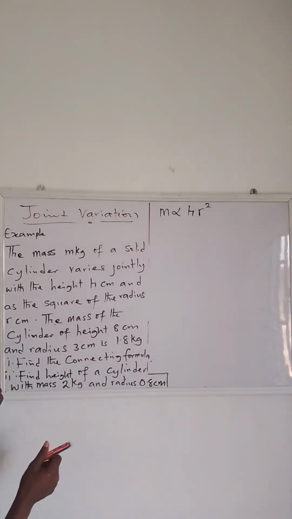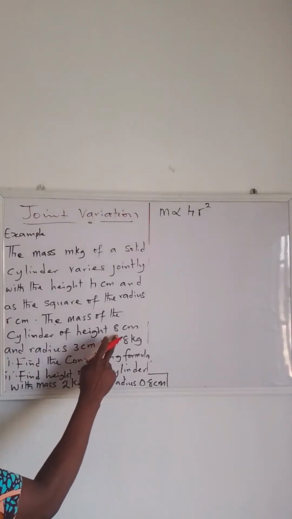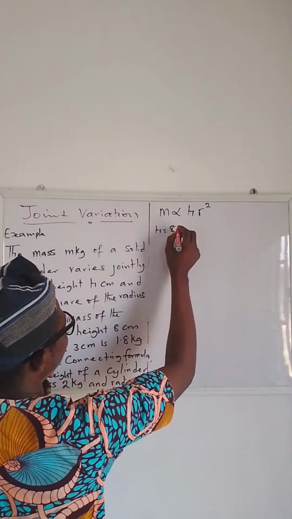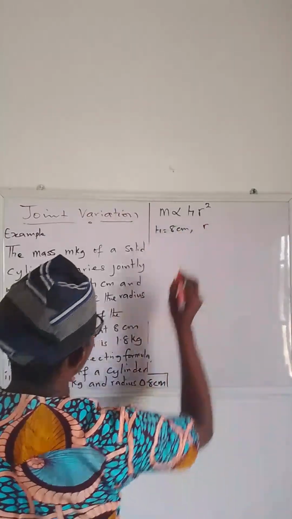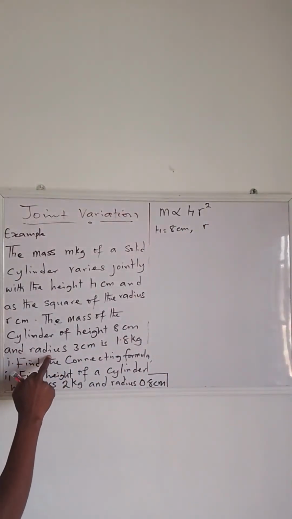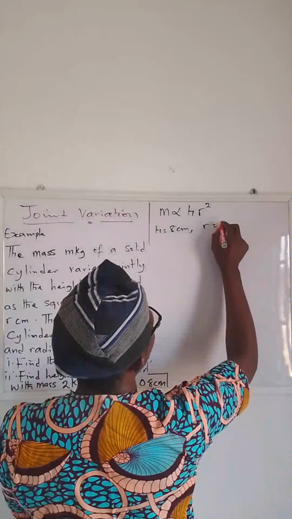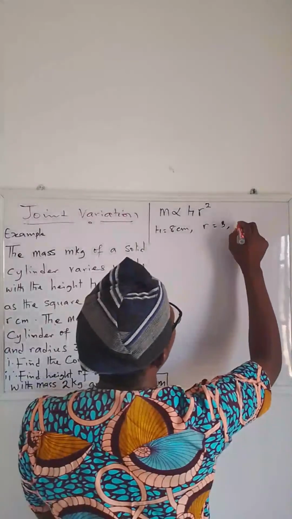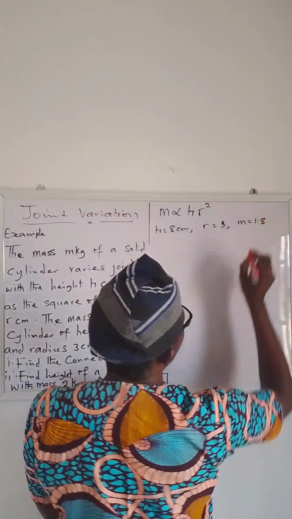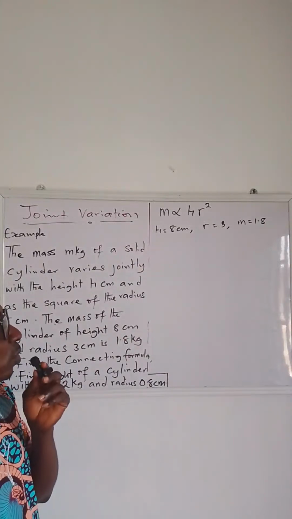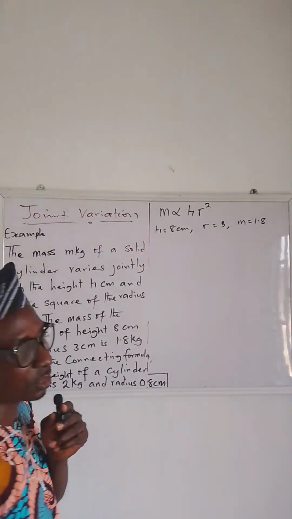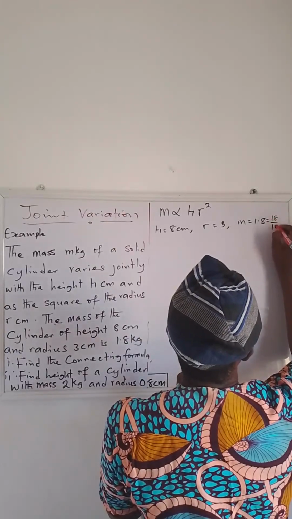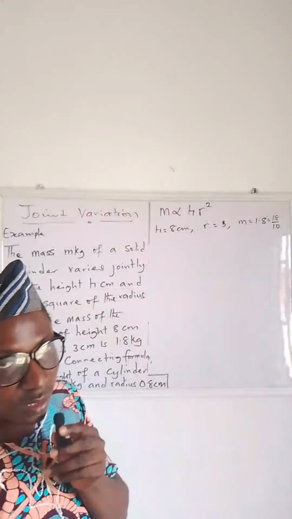So in this question, the height h is 8 centimeter, the radius is 3 centimeter, and the mass is 1.8. All right, 1.8 is the same thing as 18 over 10 in fraction.